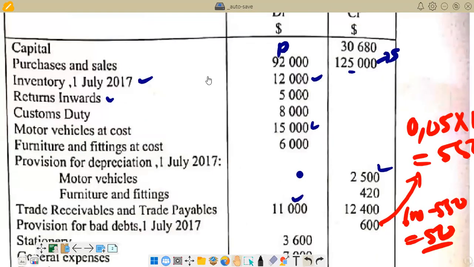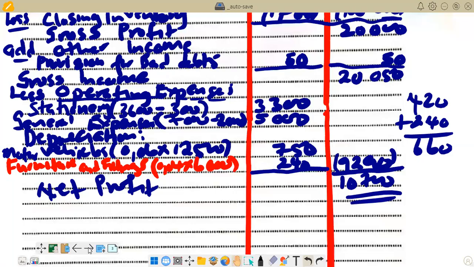Capital is the first item that we have in the table. It's 30,680. So that's the figure that we are going to input there, 30,680.